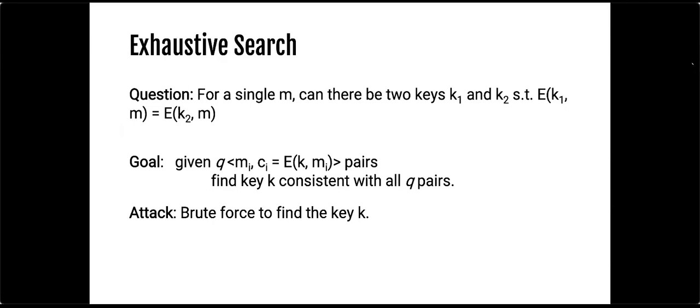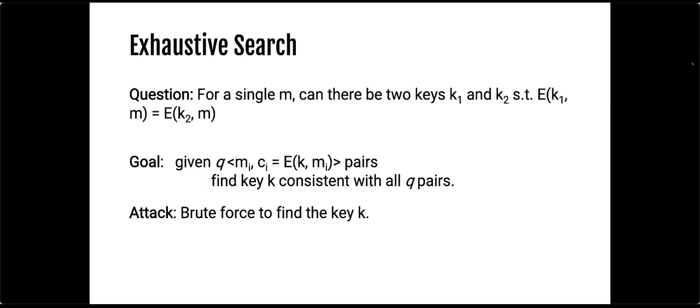We call this attack exhaustive search, just as Tanner said. So we want to brute force to find the key, and to be more precise so that we are on the same page, we're going to ask this question: for a single message, is it possible to have two keys, K1 and K2, such that the encryption of the message using these two different keys is equal?